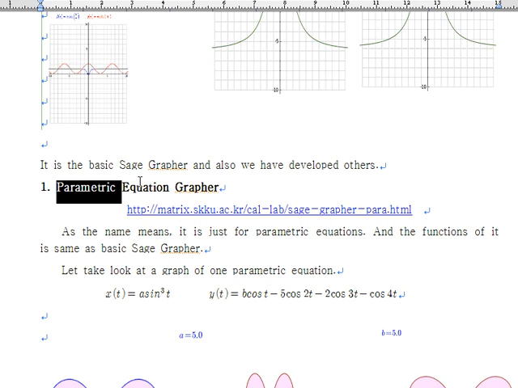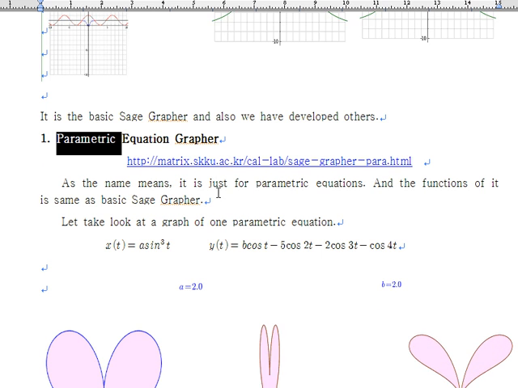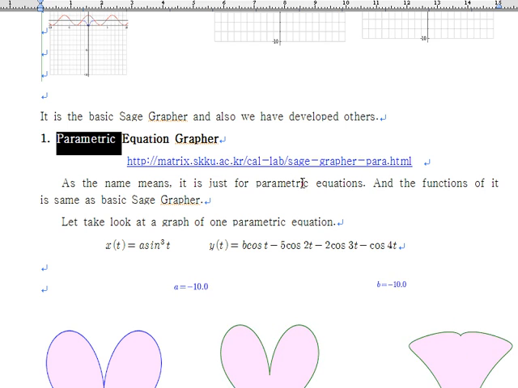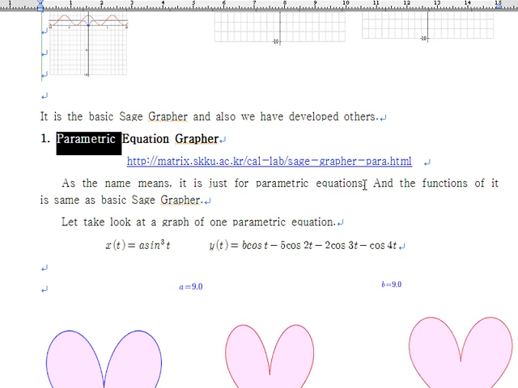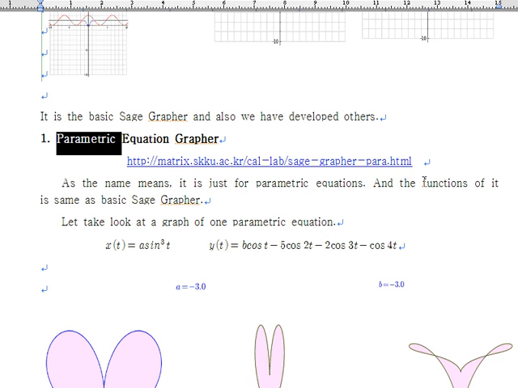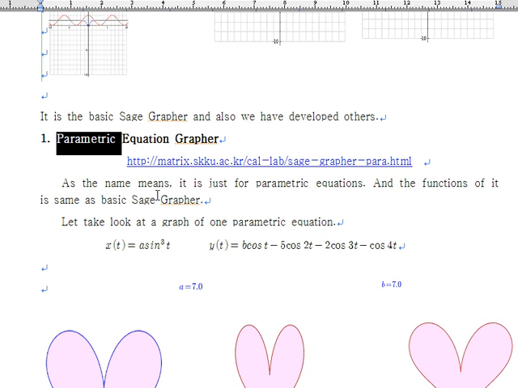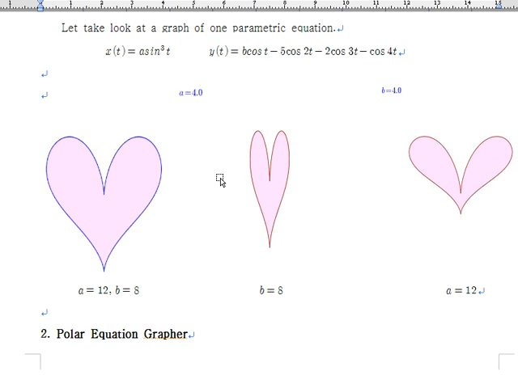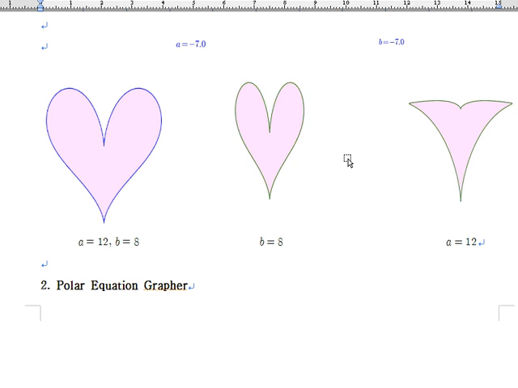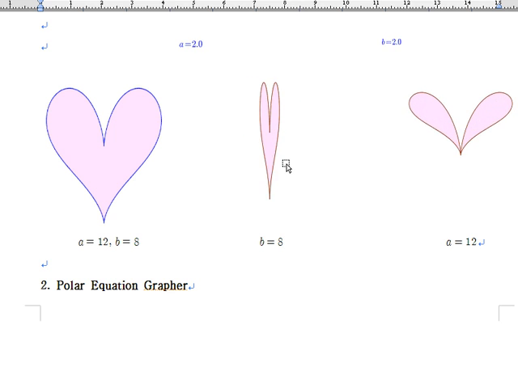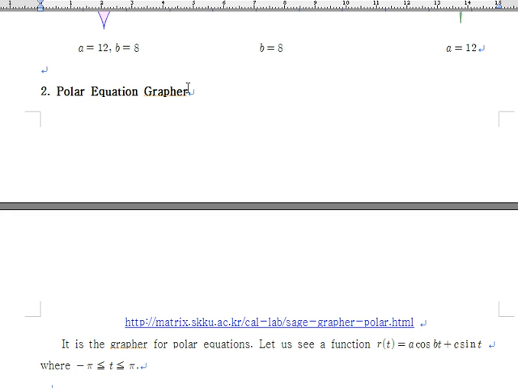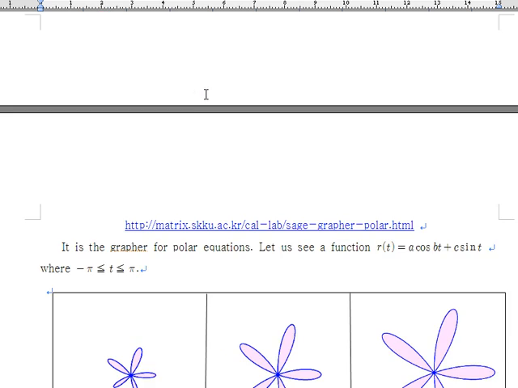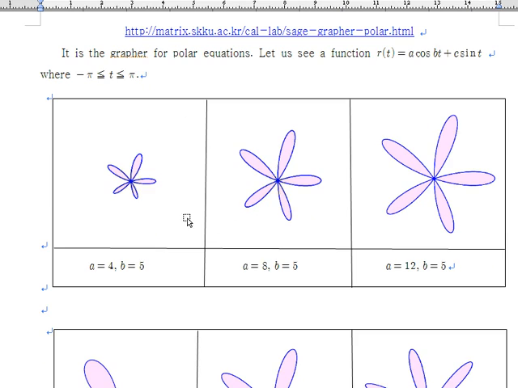First is a parametric equation graph, and as the name says, it is for parametric equations, with functions similar to the basic graph. You can look at some examples; this is the plot equation graph.